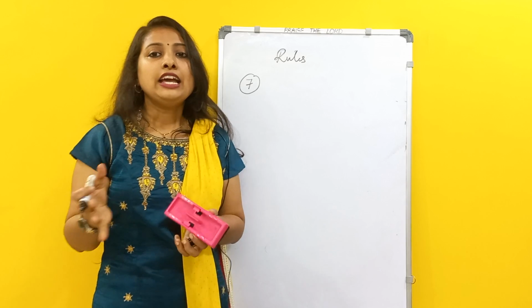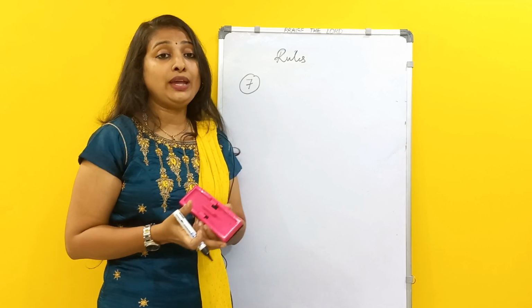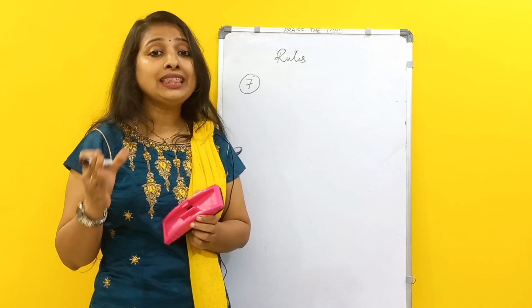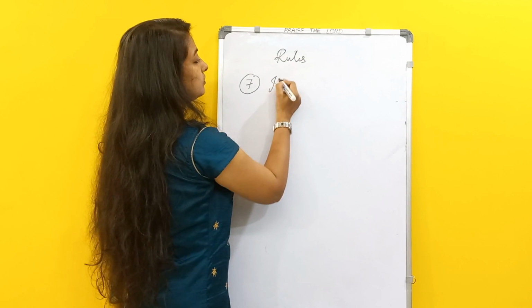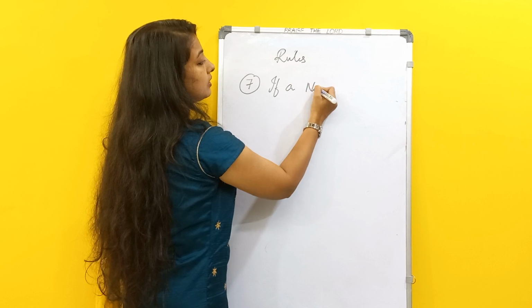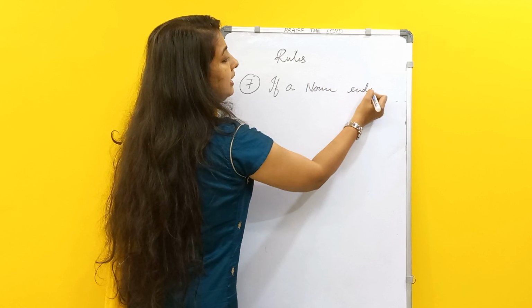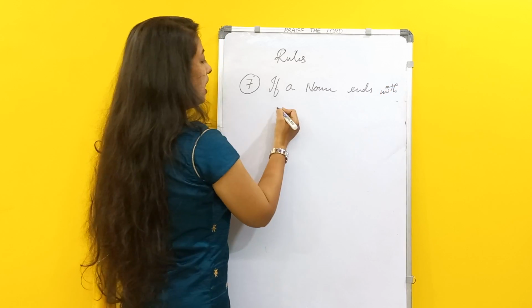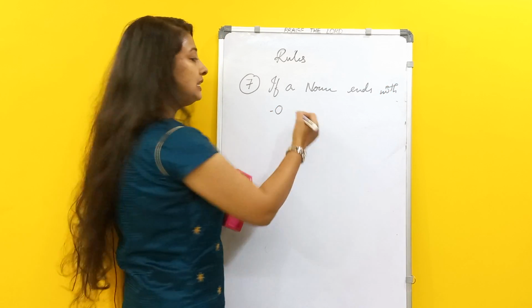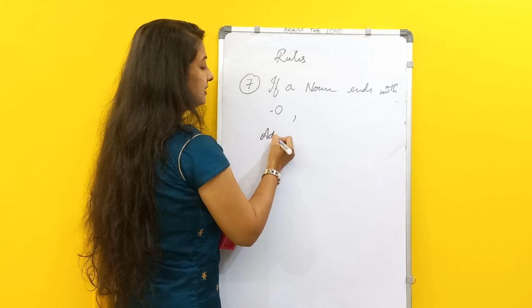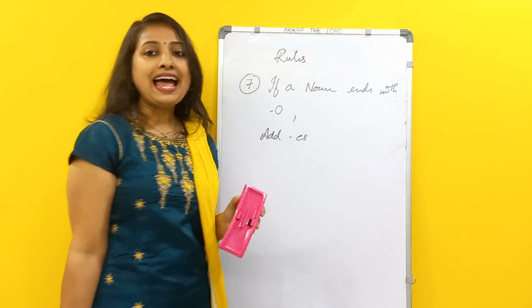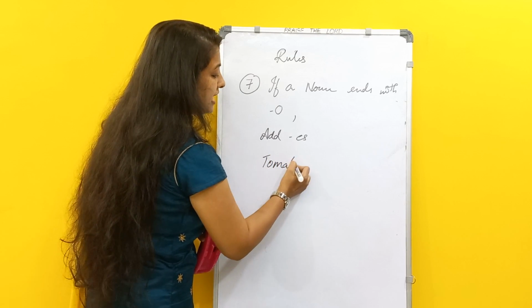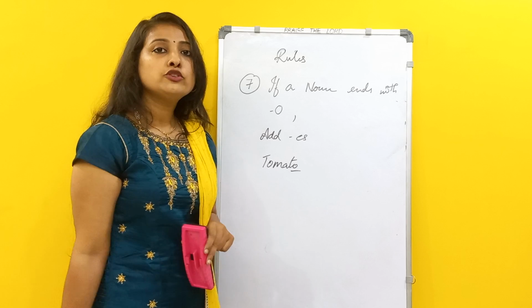So the next is if a singular noun is ending with O. Then add ES at the end, like tomato.